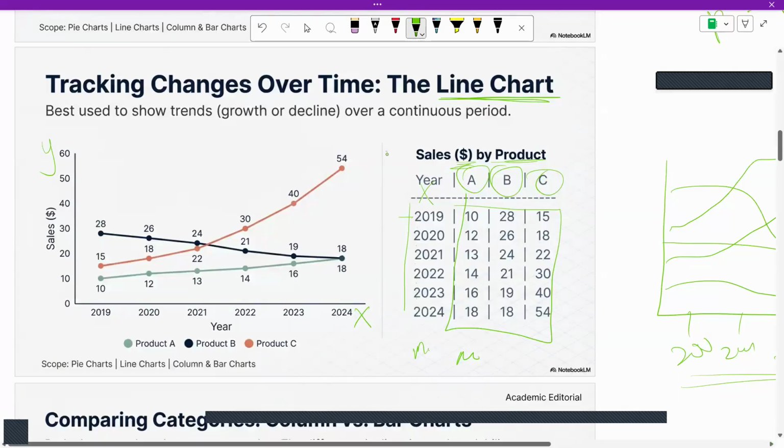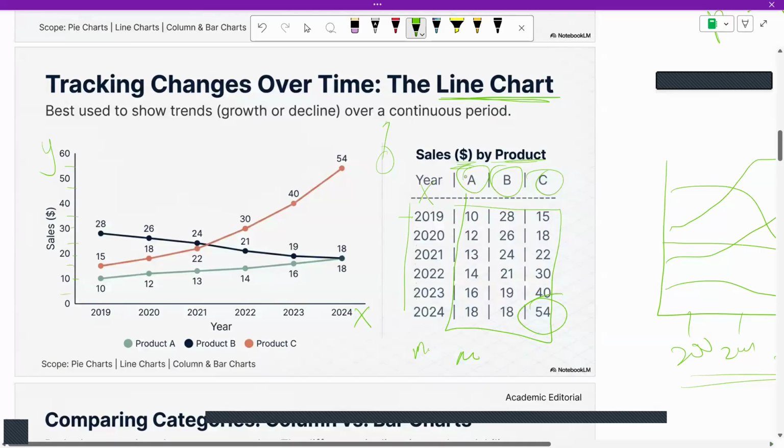Normally, it is better to start from 0 on the y-axis. The largest value is 54, so we can increment by 10, 20, 30, or we can increase by 5, 5, 5. The thing is, the gap should be equal.